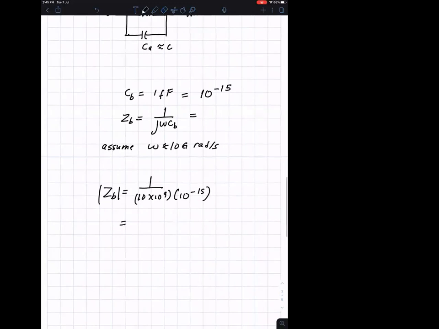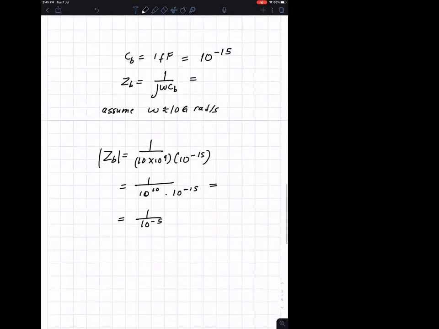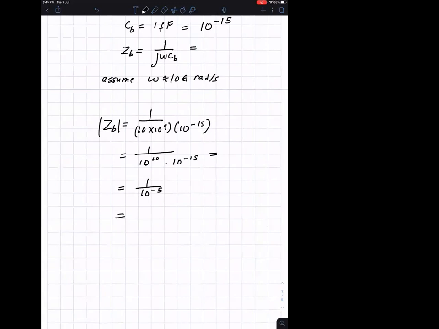So this is going to be 1 over 10 to the power of 10 multiplied by 10 to the power of minus 15. So that's going to be 1 over 10 to the power of minus 5. So that's going to be how much? 10 to the power of 5.